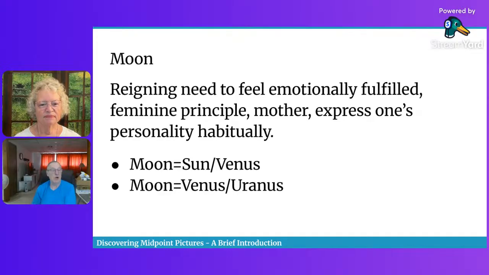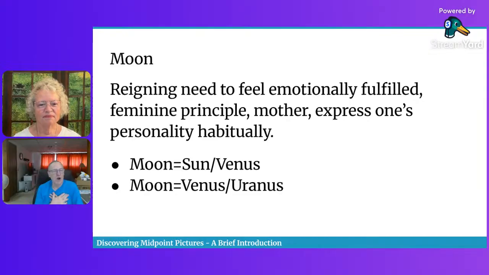So maybe you're looking for a quirky new relationship with somebody, because you're quirky. Maybe you're looking for some new sexual experience that you never had before. Venus Uranus would be something you might want to look at if you want to do something out of the ordinary.